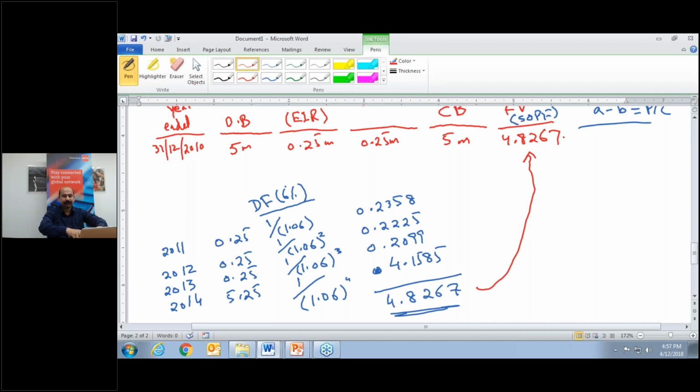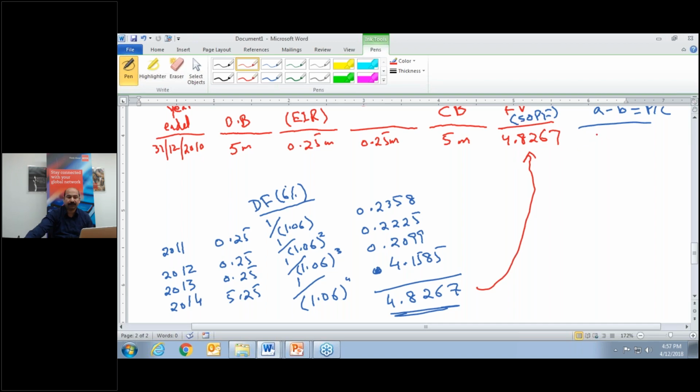Therefore, at the reporting date, on 31st December 2010, the financial asset will be stated at the fair value of 4.8267. With the fall in fair value amounting to, what is the difference between?